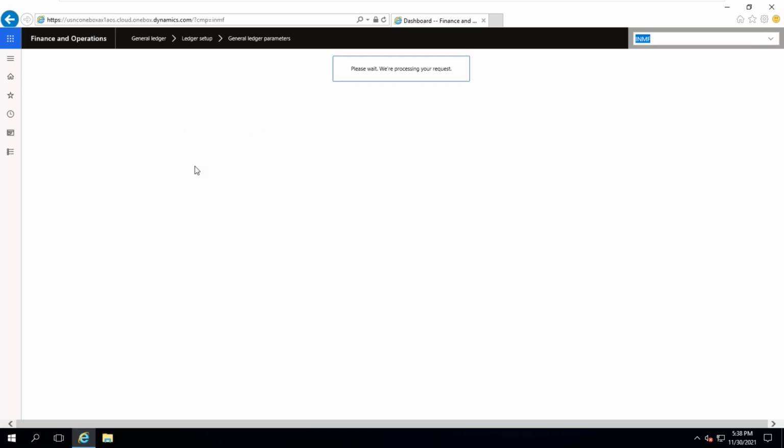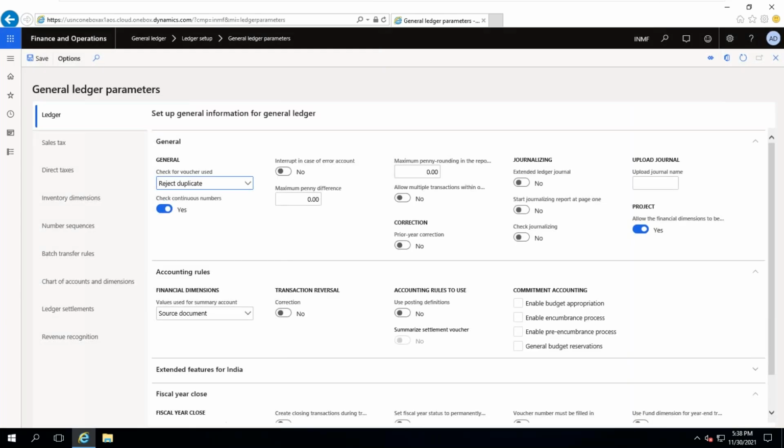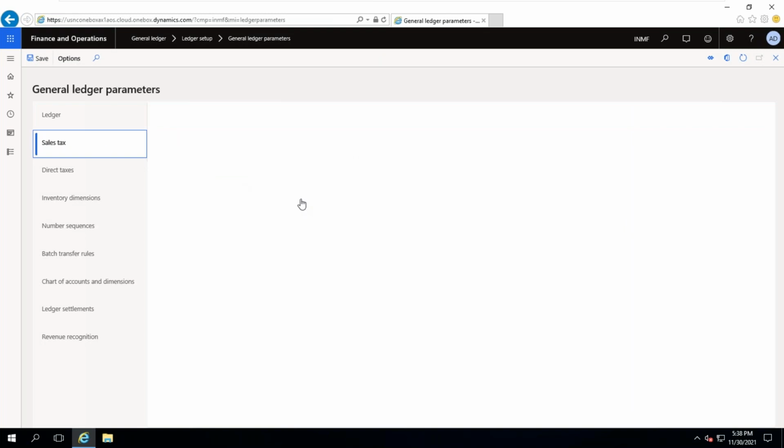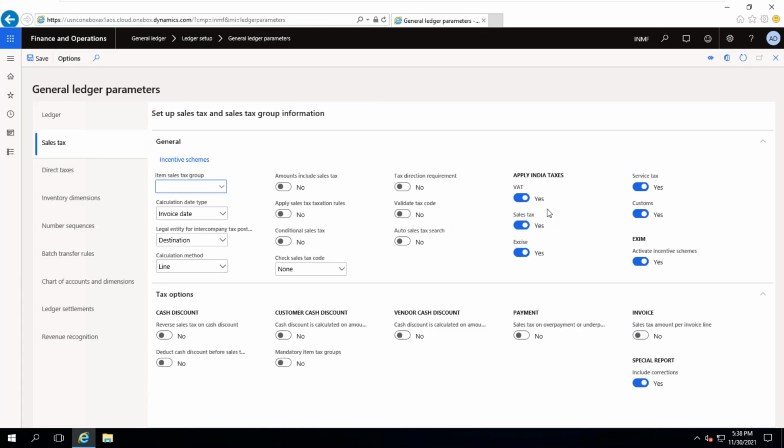Now if you go to general ledger parameters and then sales tax, here is the old taxation I'm telling you about: VAT, sales tax, excise, service tax, customs, and then exports and imports. Understood?